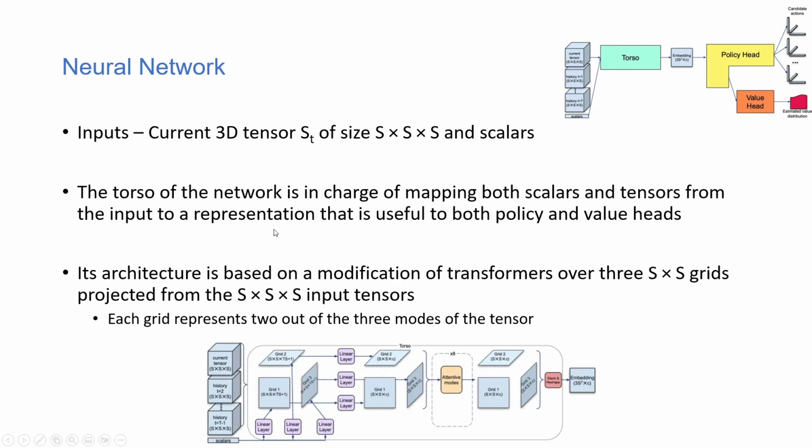So now let's go back to the network. The input is a 3D tensor which represents the matrix multiplication, and the torso is going to basically give you the embedding. As mentioned before, you're going to have 3 grids representing the 3 possible pairs of the dimensions.